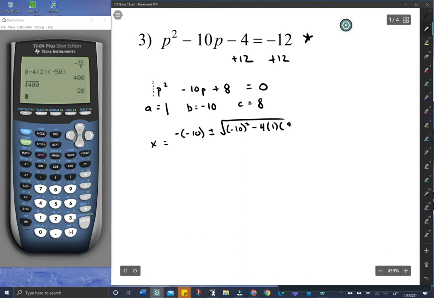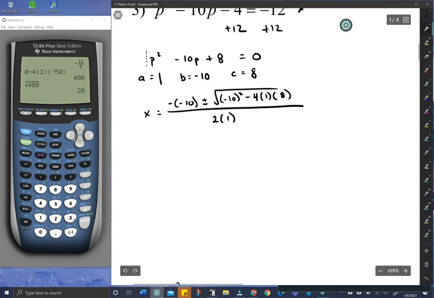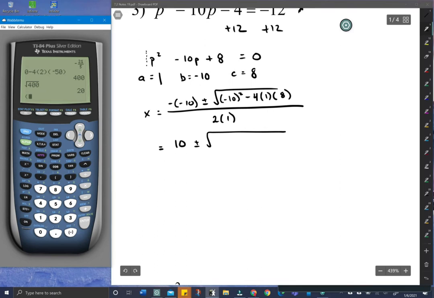Start to simplify, so just 10 plus or minus. I'm going to do all this fancy stuff in my calculator. Negative 10 squared minus 4 times 1 times 8, 68. That's all over 2. Okay, so this particular example, I made that square root huge.